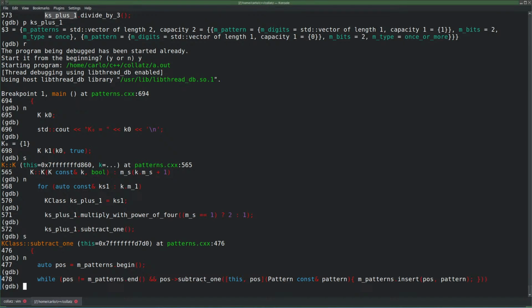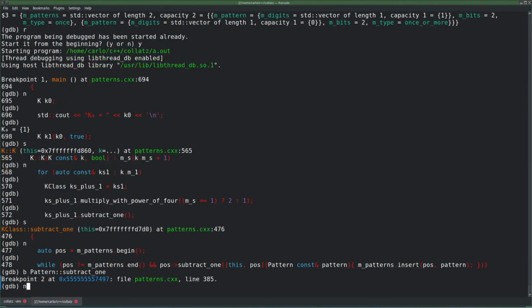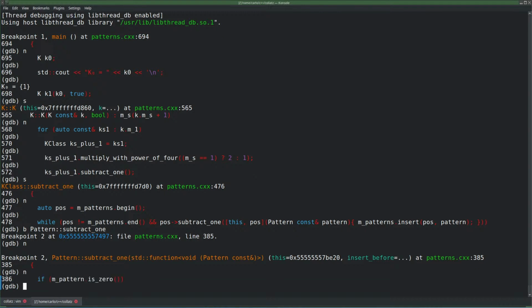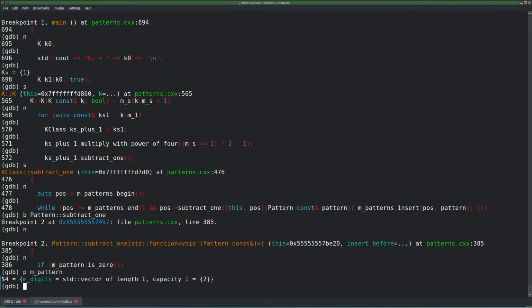This one is different. I want to step into subtract 1 of what our pos is pointing to. That must be pattern, right? Break pattern, subtract 1. Till now we are there. And for some reason this is 2. So not getting it.